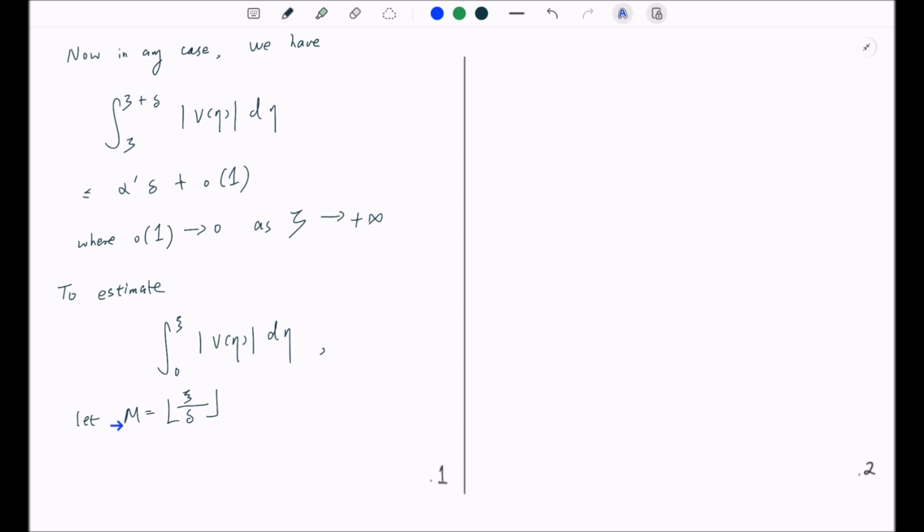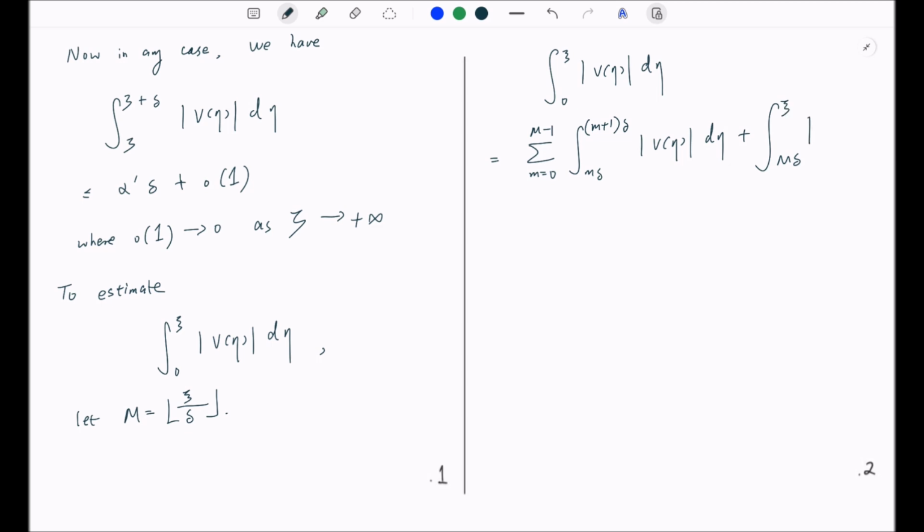So we denote this integral by M. And this integral will be equal to the sum, plus the remainder term, the integral from M delta to psi of the absolute value of B of eta d eta. Now we apply this estimate to this integral for each M.